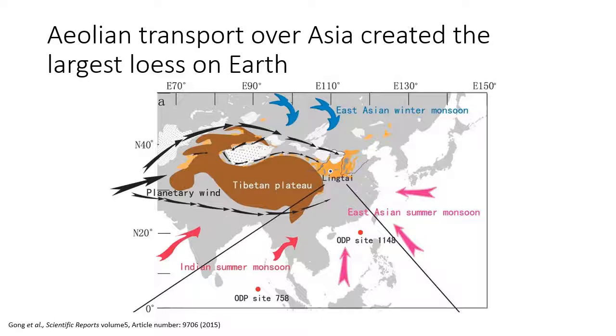So it's going to get colder and drier during periods of glaciation, and it's going to be warmer and wetter when insolation is strong and the glaciers are starting to melt. These alternating layers of loess material and paleosols are very, very strong records of the strengths and the regularity of monsoons.